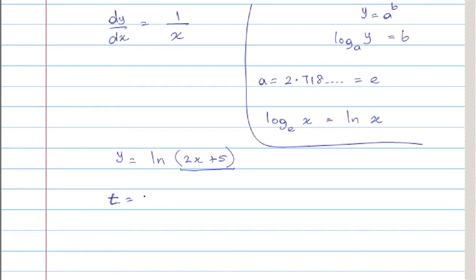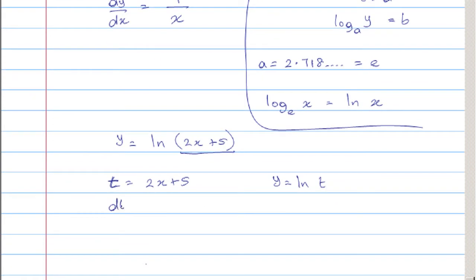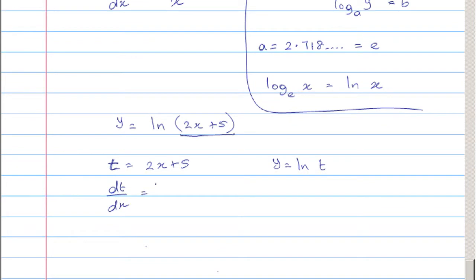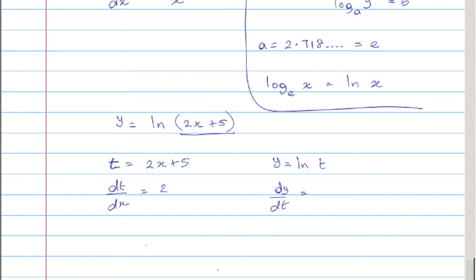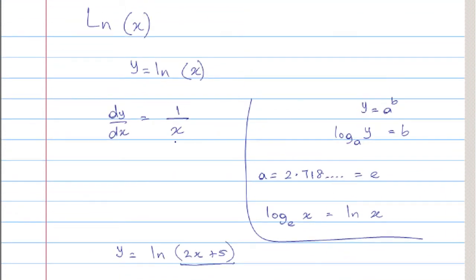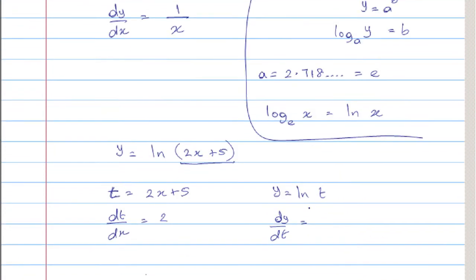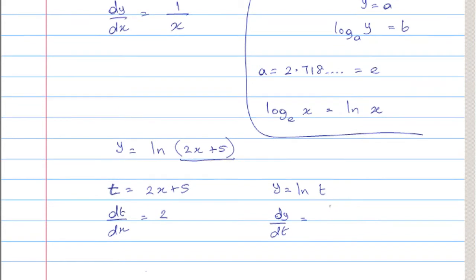So if I take t equal to 2x plus 5, then y would be equal to ln of t. Then dt over dx will be equal to 2. Now the derivative of ln x is 1 over x with respect to x, so dy over dt, the derivative of ln t, must be equal to 1 over t.